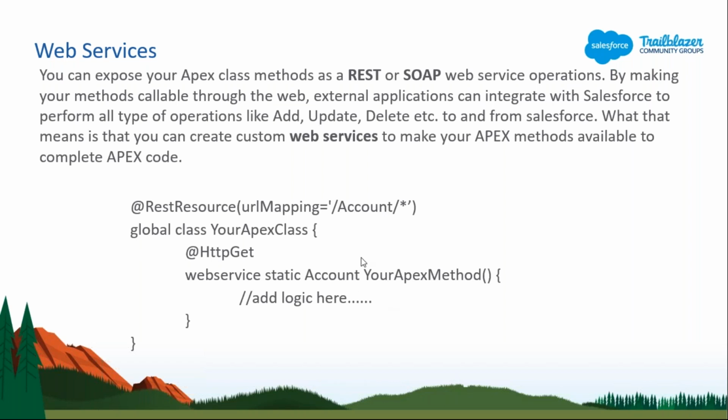Let's say I am connecting my Salesforce data with SAP. This is the REST resource, and this is the URL mapping. We have to specify that URL mapping and which object you want to use, and it should be correct.